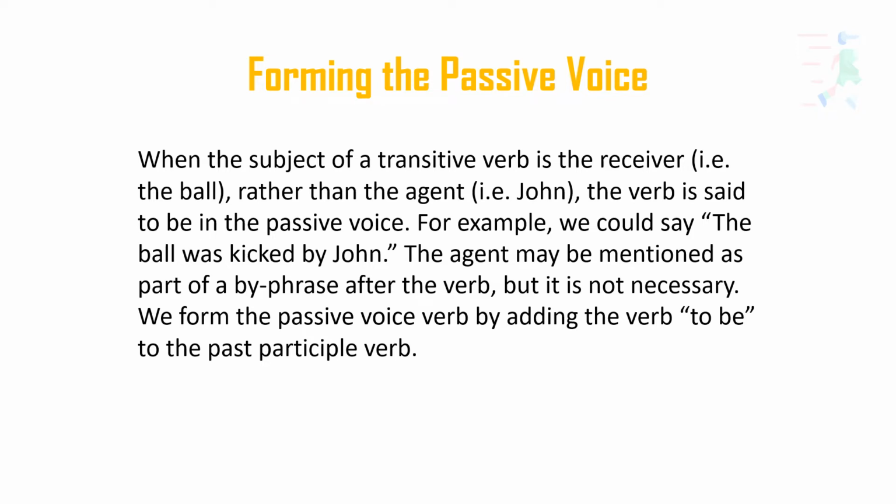When the subject of a transitive verb is the receiver, for example, the ball, rather than the agent, John, the verb is said to be in the passive voice. For example, we could say, the ball was kicked by John. The agent may be mentioned as part of a by phrase after the verb, but it's not necessary. We form the passive voice verb by adding the verb to be to the past participle verb.